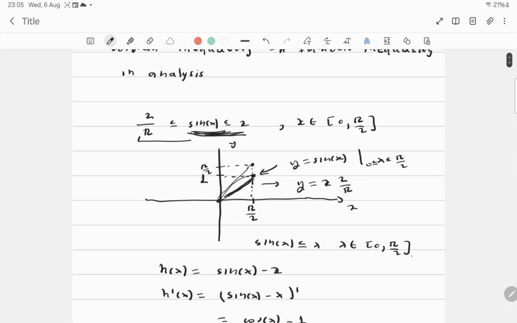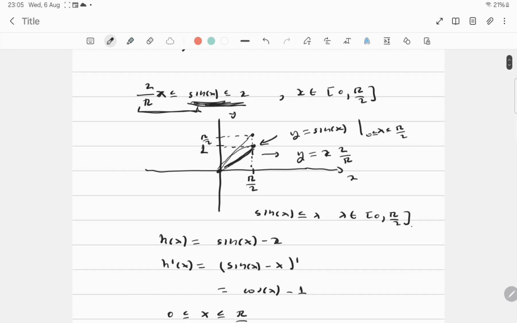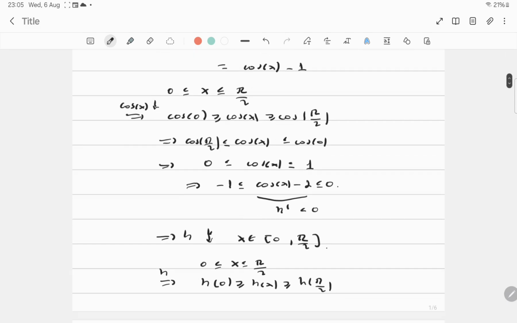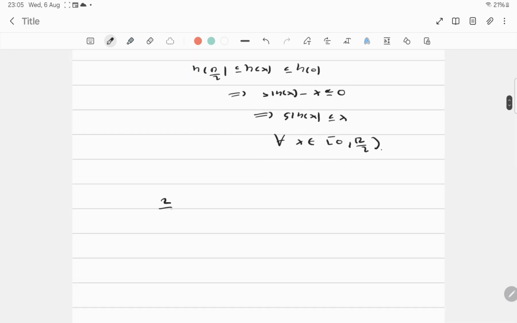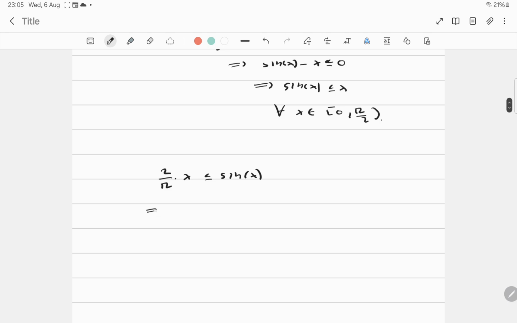Now I have to deal with the other part of the inequality, which says that 2 over pi times x is less than or equal to sine x.